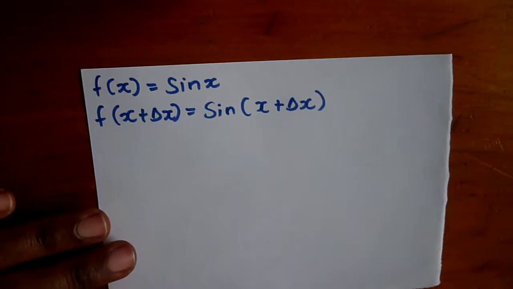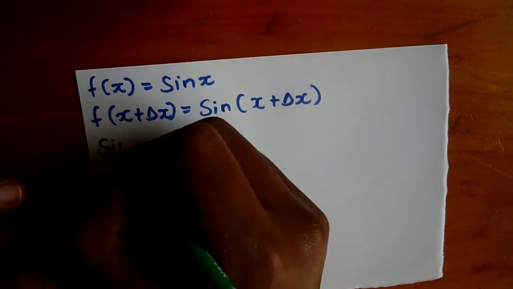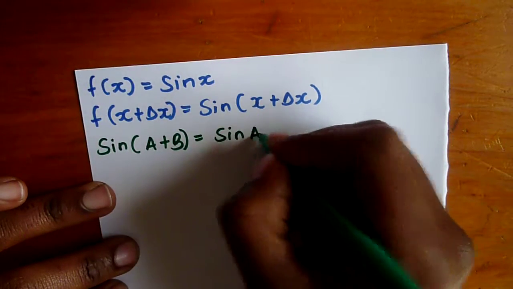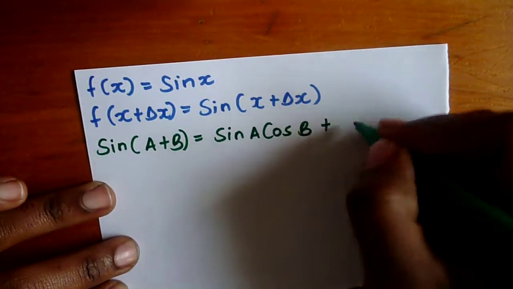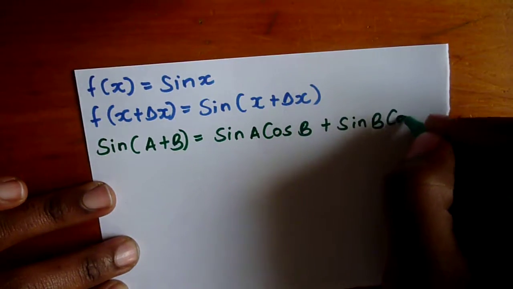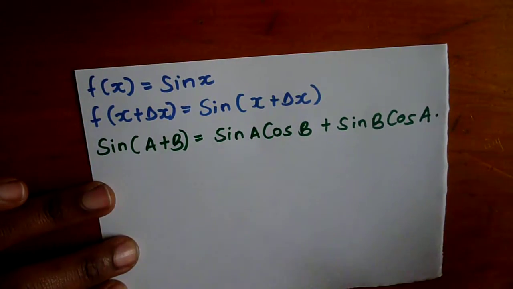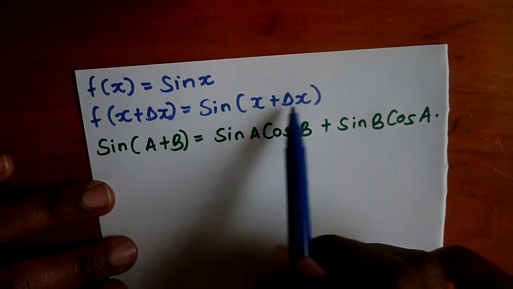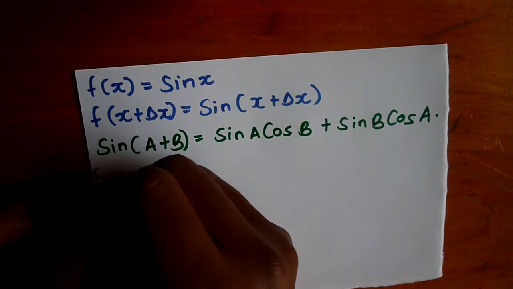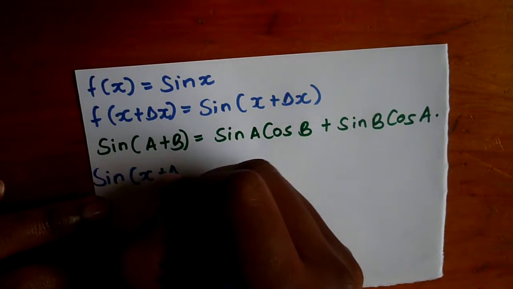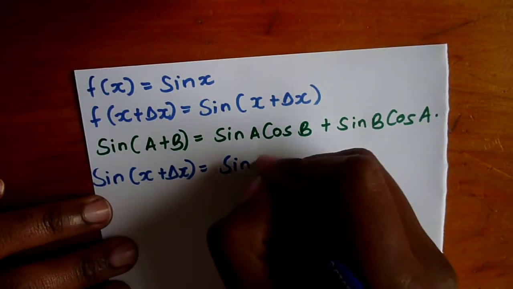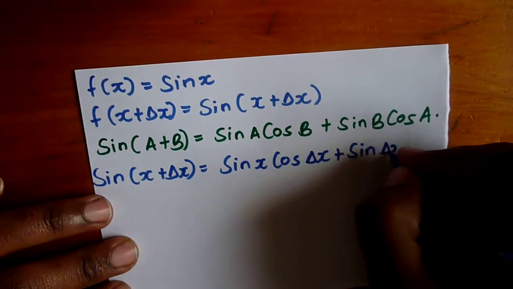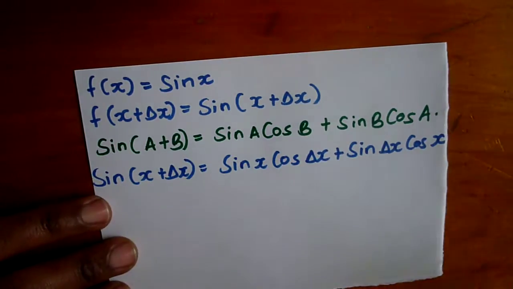So using the trigonometric identity that sine of a plus b equals sine a cos b plus sine b cos a, we apply that to sine of x plus a small change in x to obtain sine x cos change in x plus sine change in x cos x.